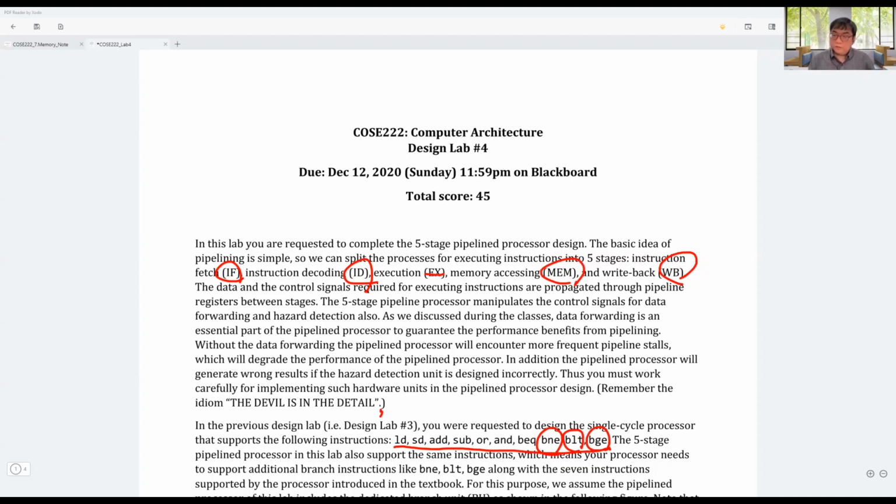Understanding pipeline architecture is very critical, and I hope every student can understand the detailed behavior of a pipeline processor. As I mentioned, this is a very simple processor compared to our modern processors, but it is the very fundamental basis of computer engineering and computer science study.